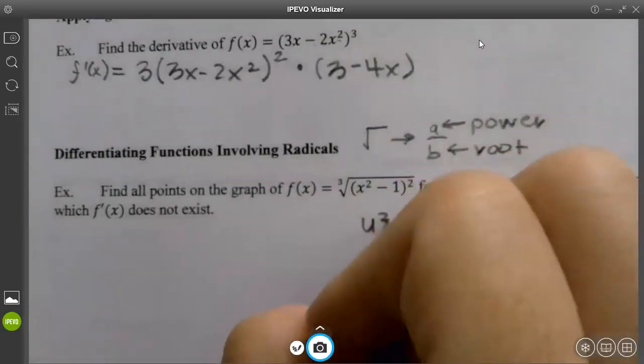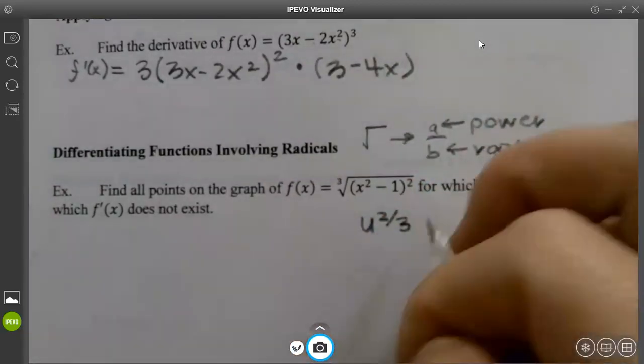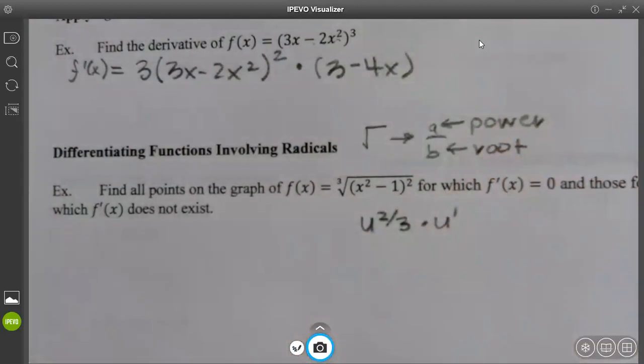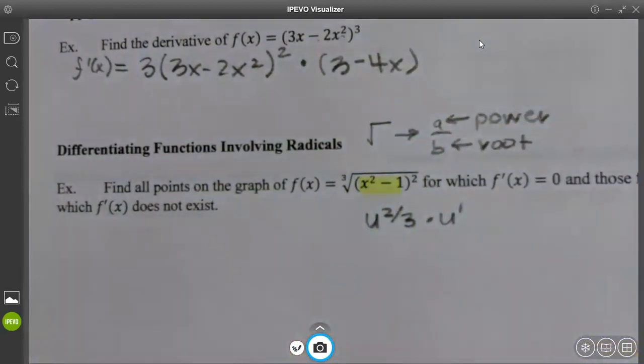So this is actually u to the 2/3, and then we're going to multiply it by u prime. Everybody see that? So we're going to change it to the 2/3. And then all of that x squared minus 1 is what u is.